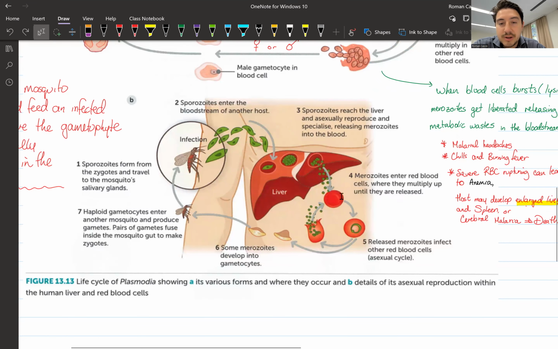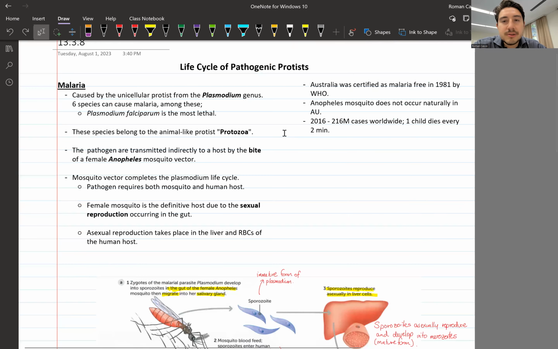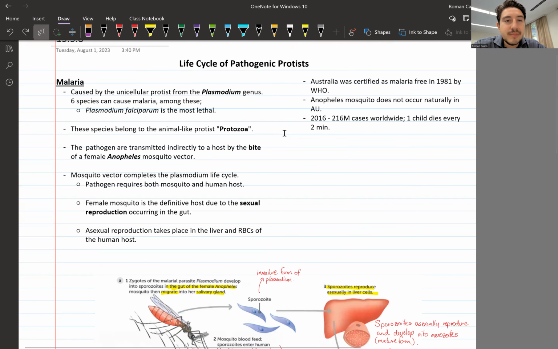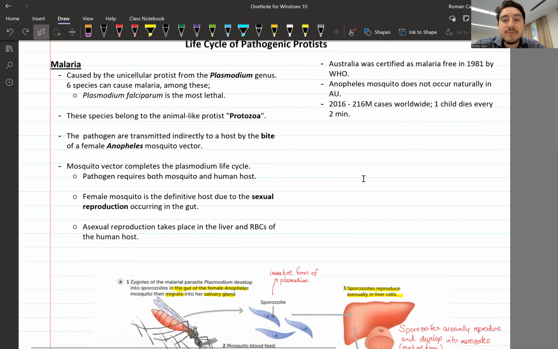They can continue on infecting more and more red blood cells, or what I wanted to mention, some of these sporozoites can mature into gametophytes, so sex-related cells, where they can sexually reproduce in another mosquito, and then the cycle continues and continues. So it's a little bit more complicated, but this is the case of malaria, in the case of protists.